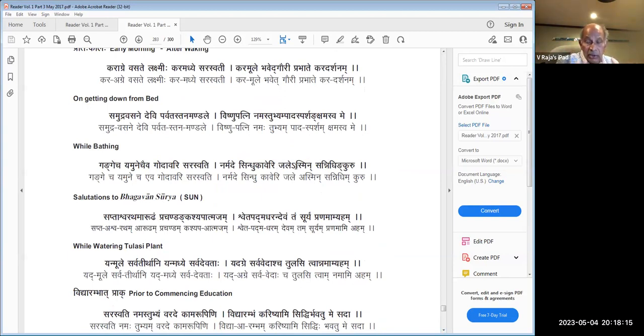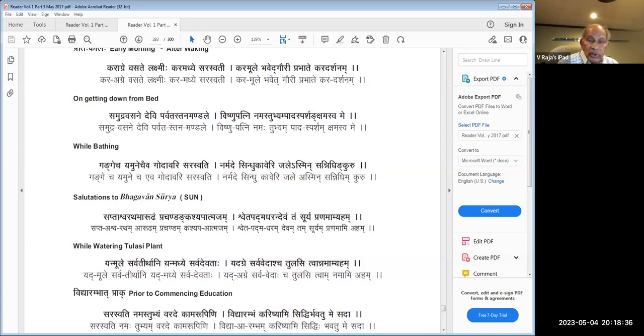In this water, you are praying that the waters of all those rivers, Ganga, Yamuna, Godavari, Saraswati, Narmada, Sindhu, Kaveri, be present. Asmin Jale Sannidhim Kuru.